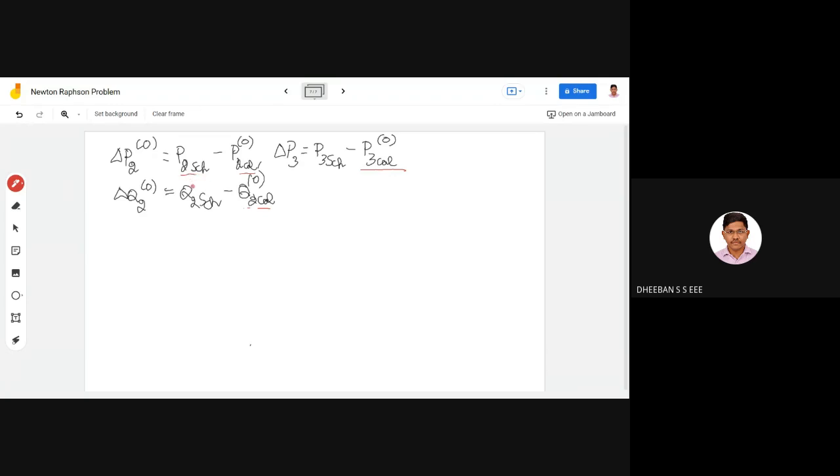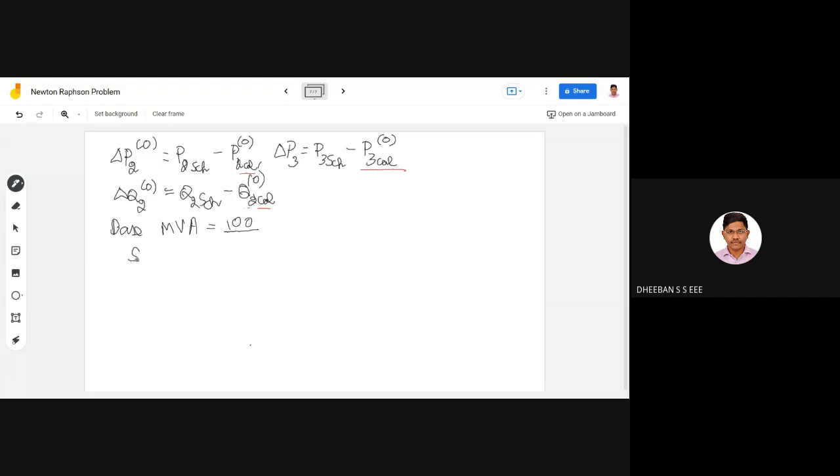So now we'll be finding out your scheduled value, but the scheduled value is more or less given in the question. So as per the question, you have to consider your base MVA. The base MVA is 100, right? Base MVA is 100.